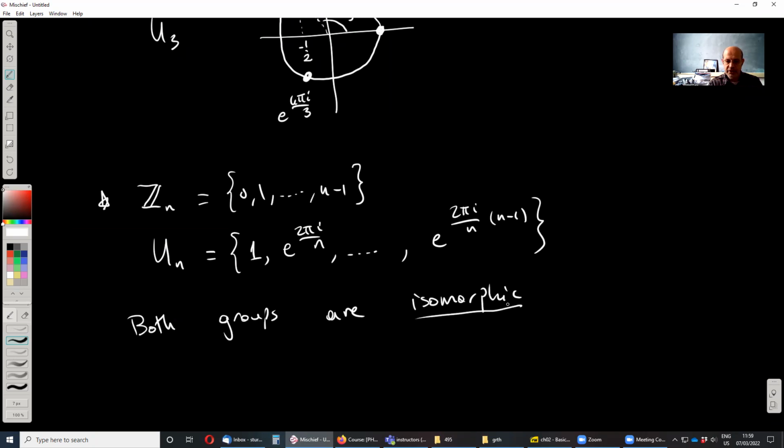I'll talk about the isomorphisms in a moment, in a formal sense, perhaps. But what I'm saying is that these two groups, even though mathematically they are different, so one is just a subset of integers, the other one is just numbers from the complex plane, if you just consider the group operation with each other, they have the same structure, right?